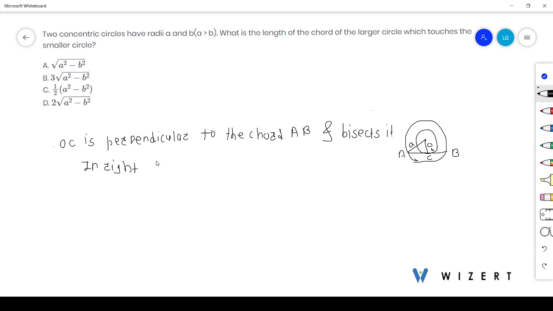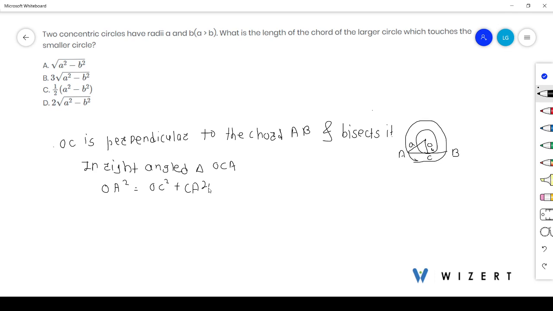So in right angled triangle OCA, by Pythagoras theorem, OA square will be OC square plus CA square. This is by Pythagoras theorem.